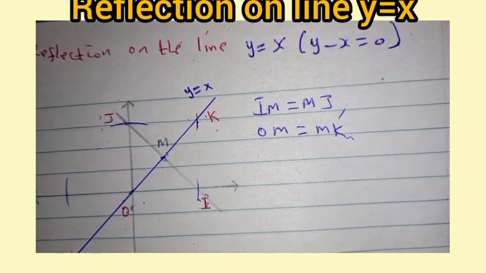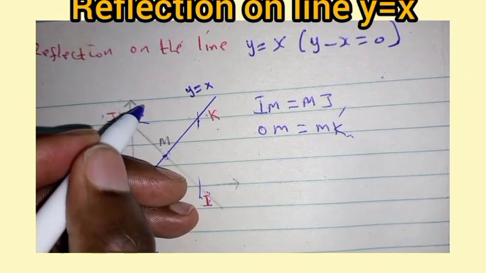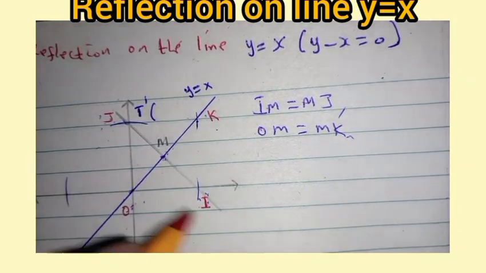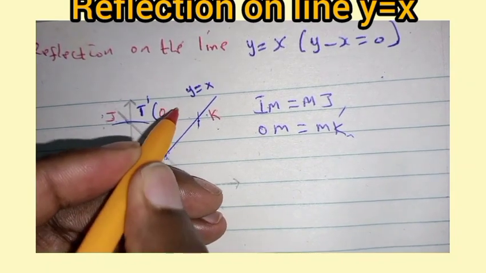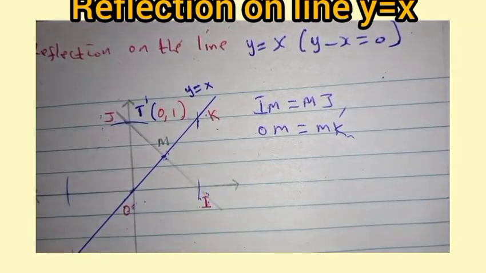So our image will be I prime here, and the vector of I prime will be here. It is 0, 1. That is the vector of I prime on this mirror line.